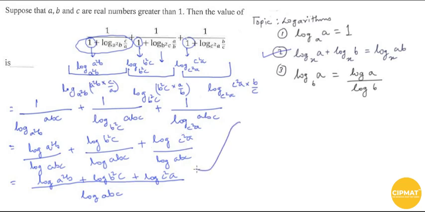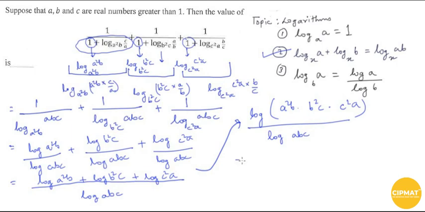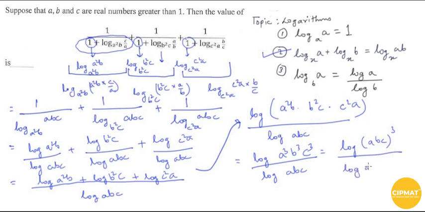So what I'm going to get is log of a square b multiplied by b square c multiplied by c square a divided by log of abc. So this is nothing but log of a cube b cube c cube divided by log of abc. So this can be written as log of abc cubed divided by log abc.